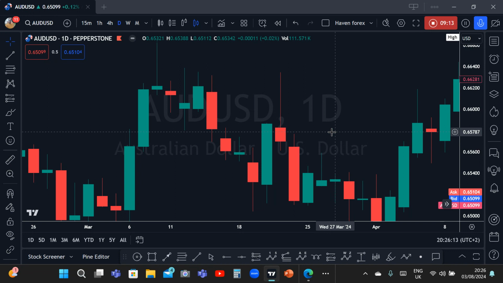If the pin bar tail points down from the support level, that is indicating a rejection of a lower price. That means sellers pushed the price down, now buyers are rejecting it. So at this point, the trend is about to change.